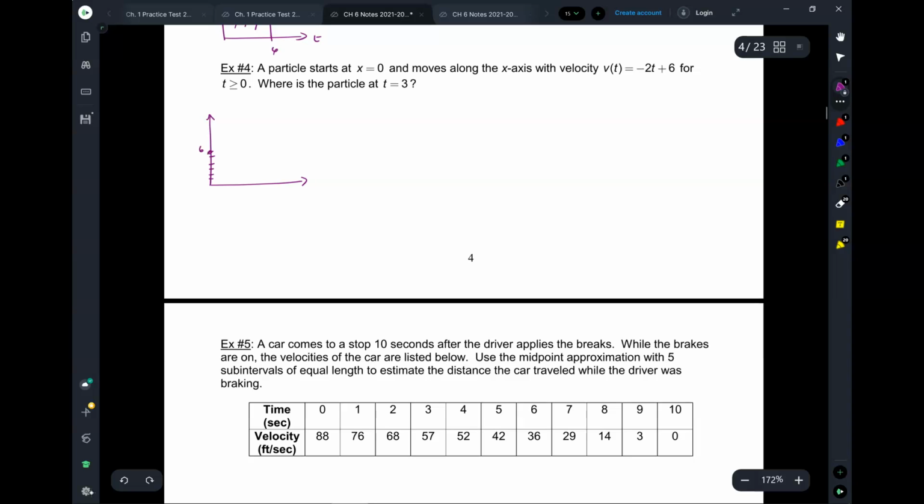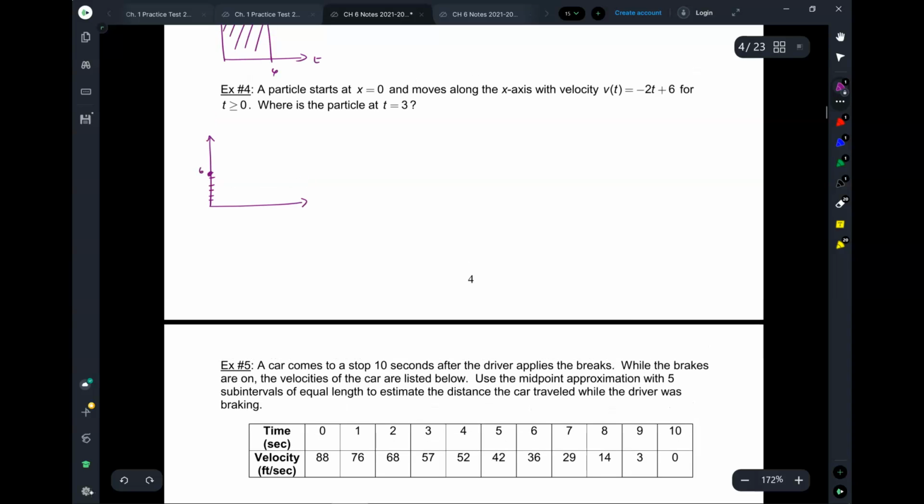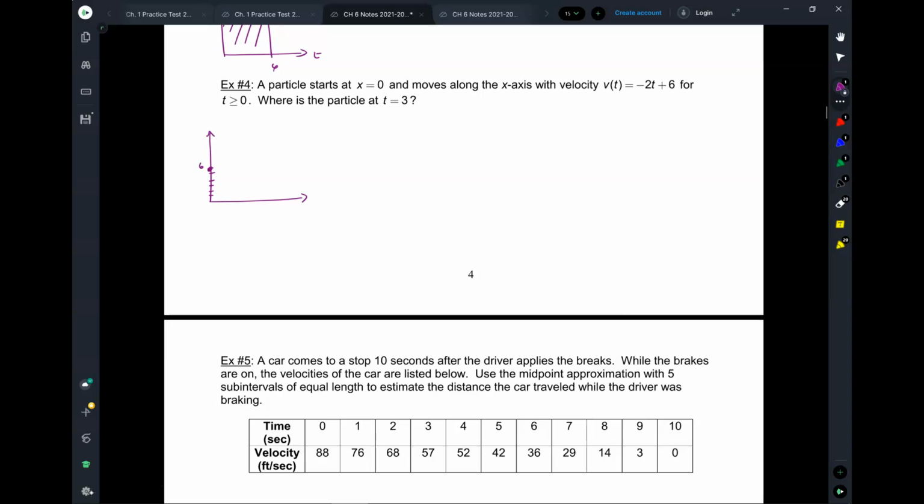This is the y-intercept. So you go down to over 1, and then when y is 0, t is 3, right? So that's how it looks.